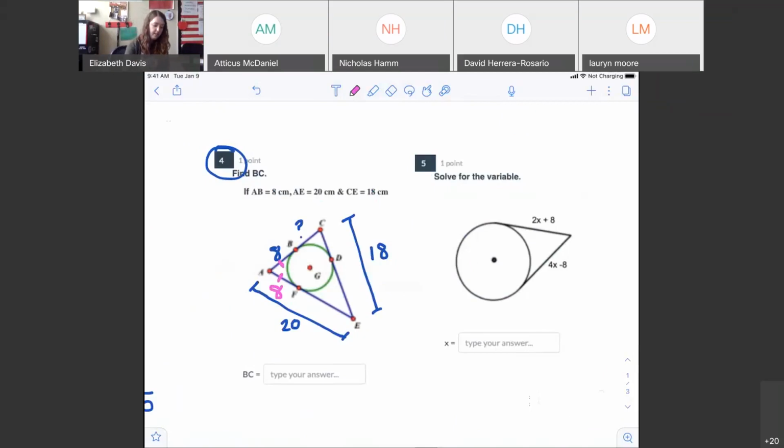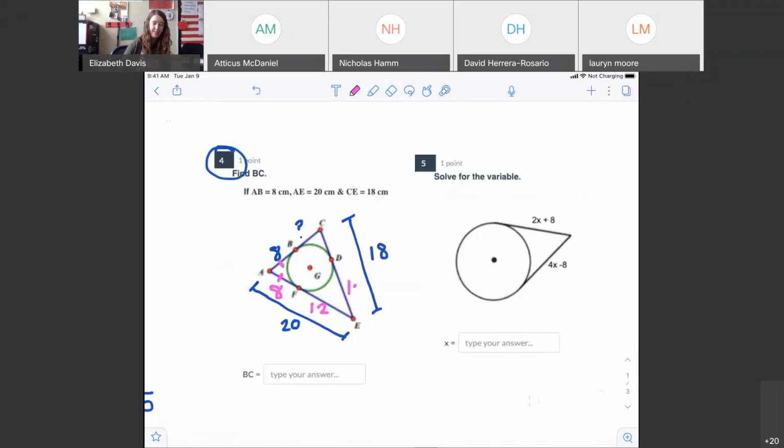So that means how long is FE? If that whole thing is 20 and AF is 8, how much is left for FE? 12. So then what else is equal to 12? DE, very good.